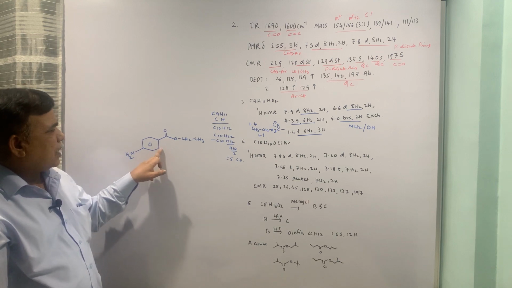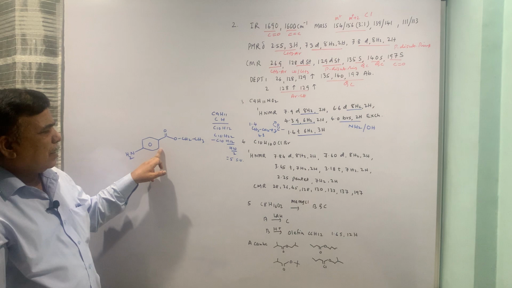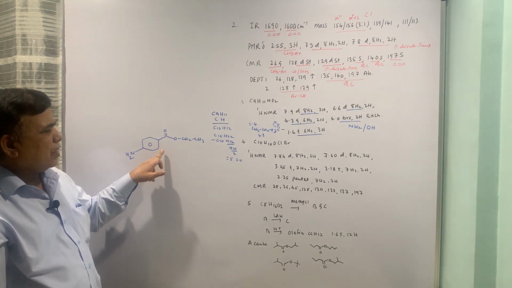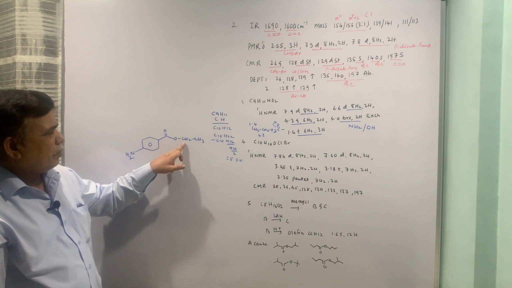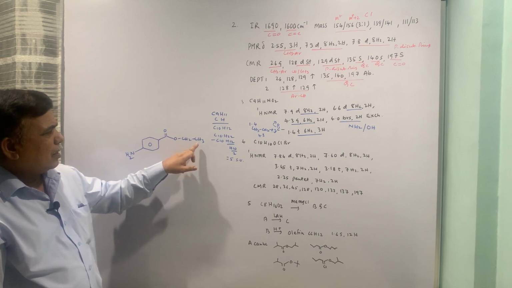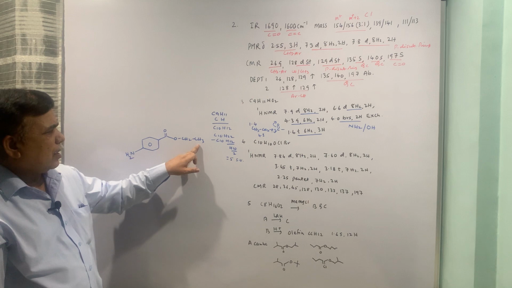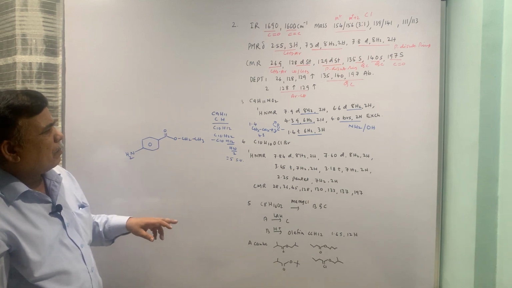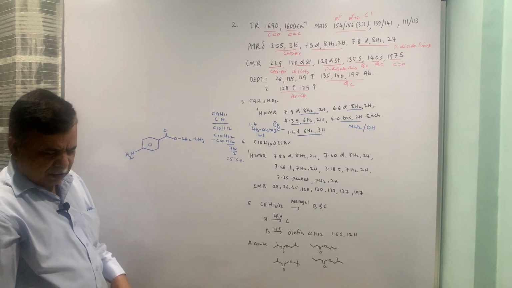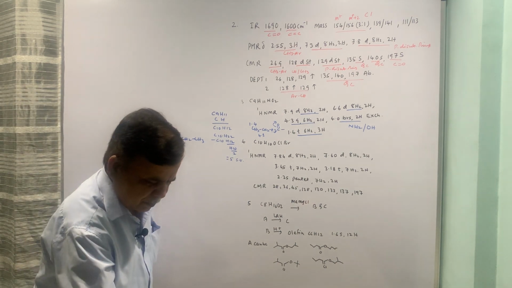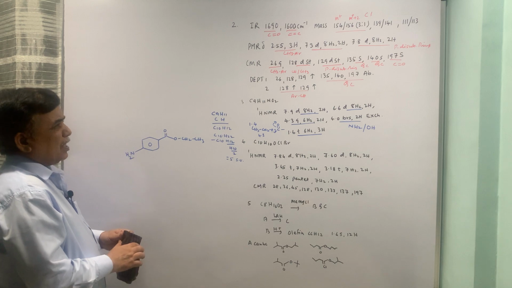7.6 these protons, 7.8 for these protons, coupling constant 8 Hertz, ortho-coupled protons, quartet for this, triplet for this, and that's all. So this is the overall structure. These examples are from some NET question papers also.